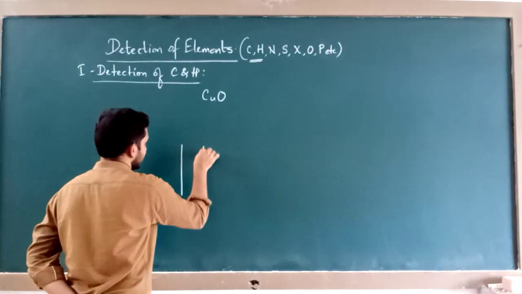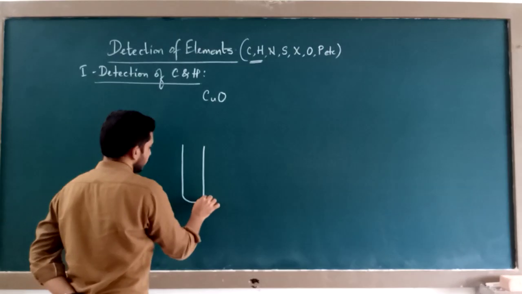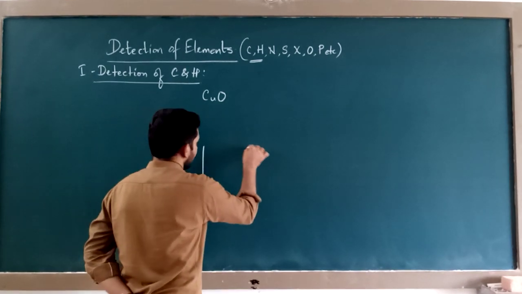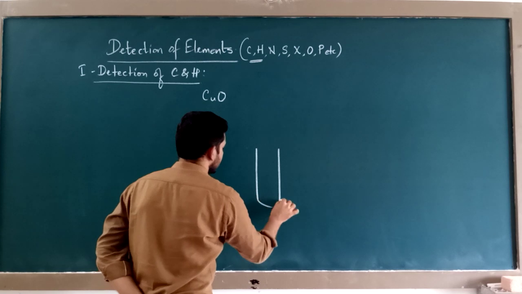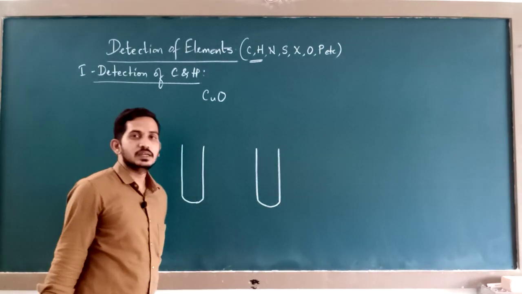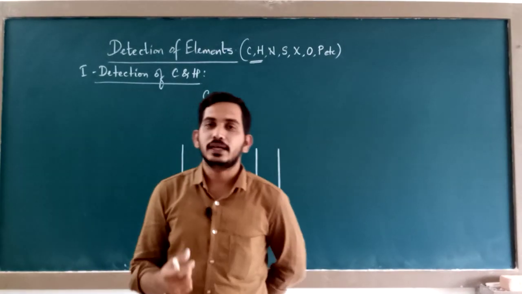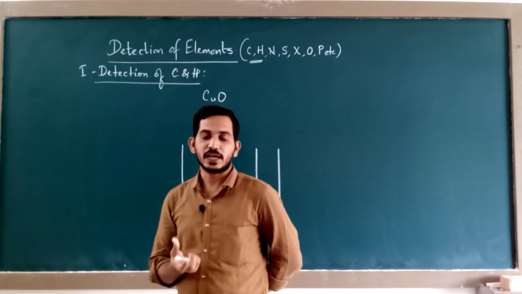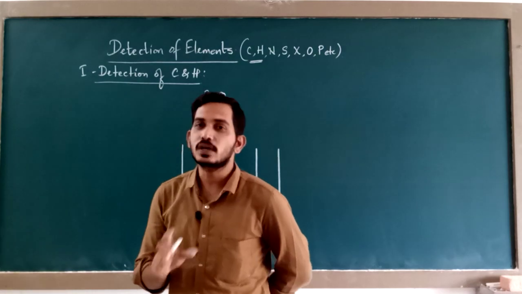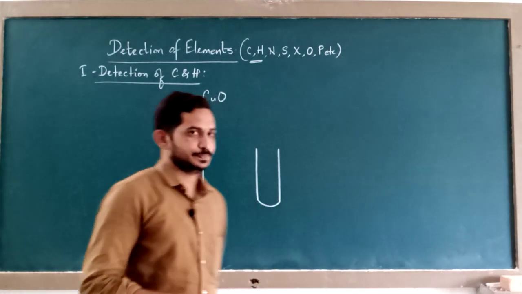The diagram is not there for your syllabus, it is only for the sake of understanding. Both are to be hard glass test tubes because it requires continuous heating, and the glass should withstand high temperatures and more heat. For that reason we choose hard glass test tubes.